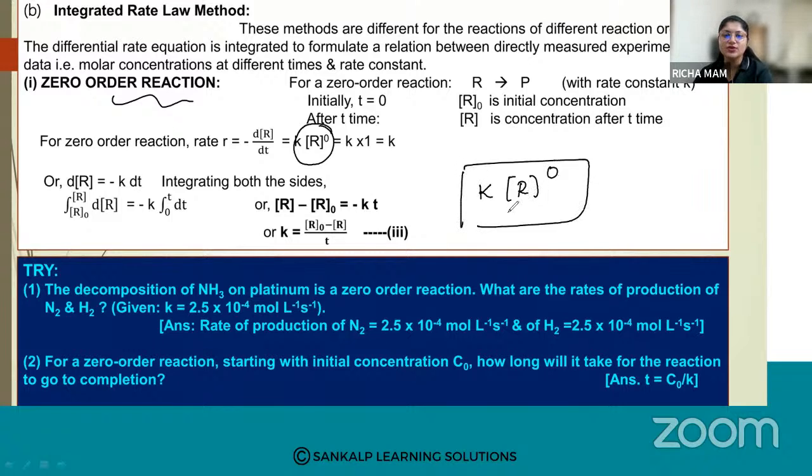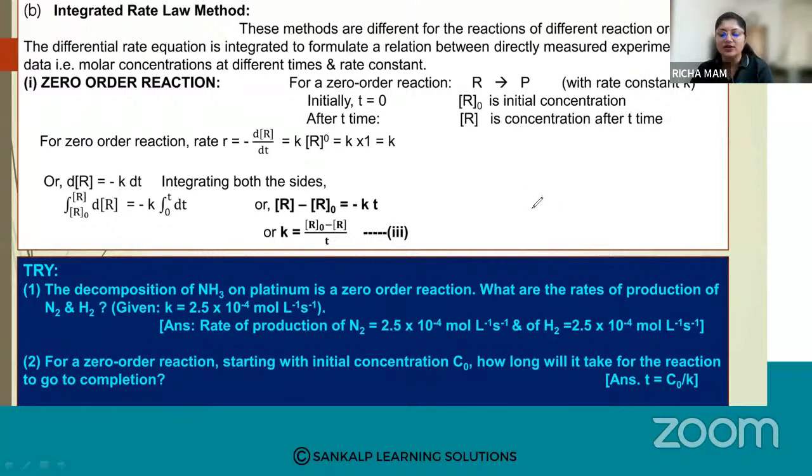Such an order is called zero order reaction. Got it? So the reaction in which the rate of reaction is independent of the concentration of the reactant is called a zero order reaction.